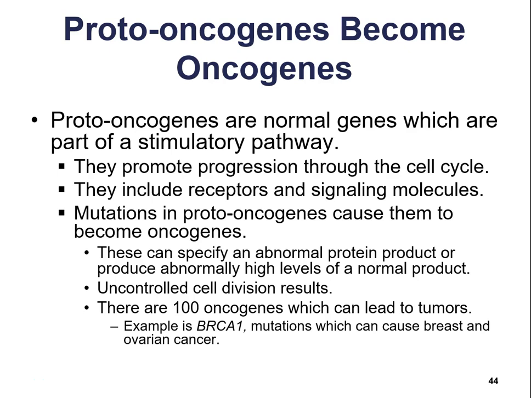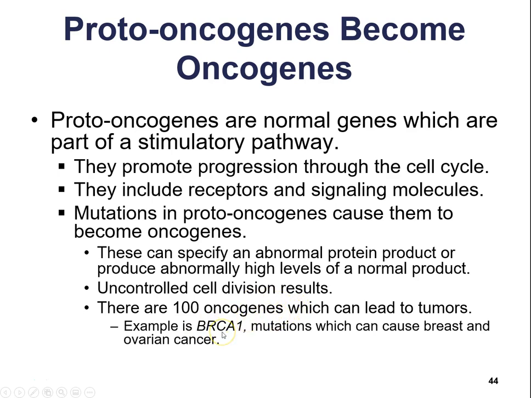Remember, we also mentioned proto-oncogenes, and that proto-oncogenes can be mutated to make them more active, and then that causes cancer. An example of an oncogene is this BRCA gene. I mentioned this. There's a specific gene you can get genetically tested for, again tied to certain breast cancers.